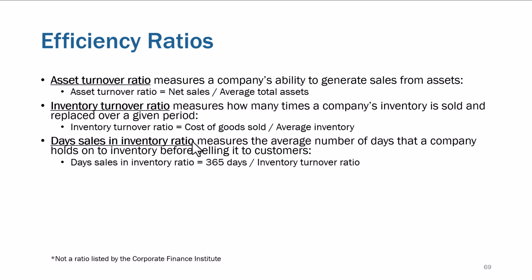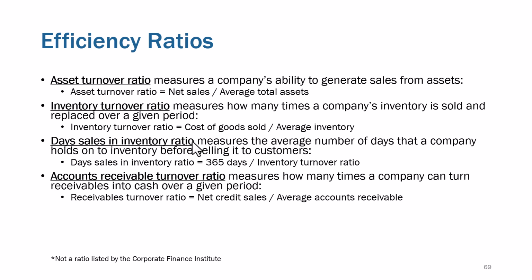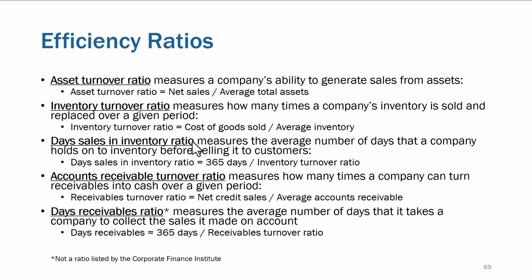And that's going to tell you how many days it takes to sell your inventory. Accounts receivable turnover ratio, credit sales divided by average accounts receivable. The one that I prefer is the days receivables ratio. 365 divided by the receivables turnover ratio. What does that mean as far as how quickly are you going to collect on your receivables?